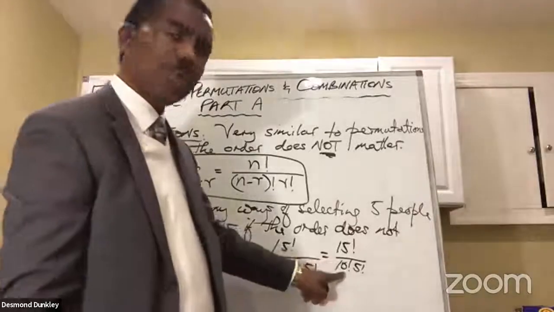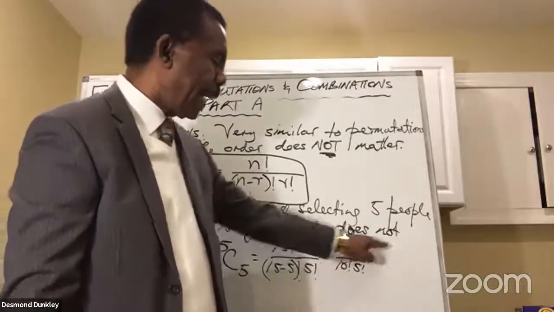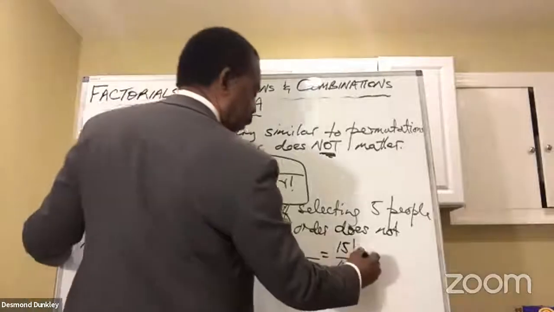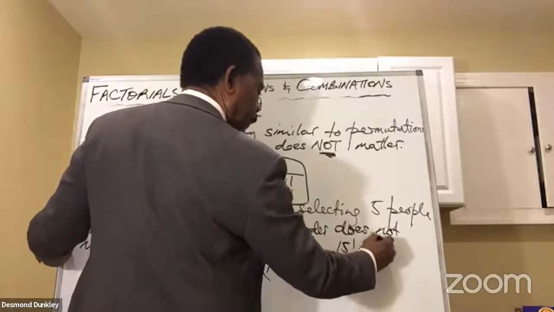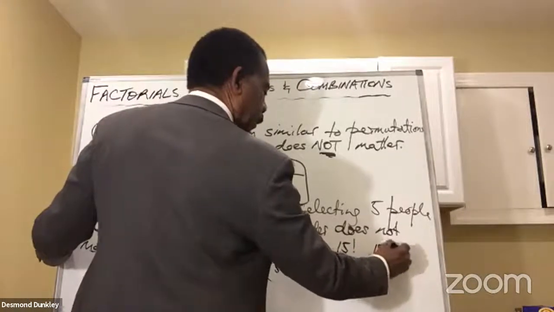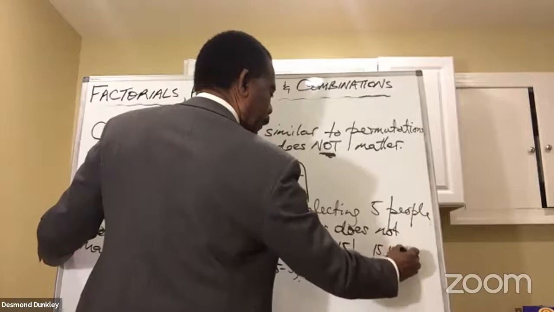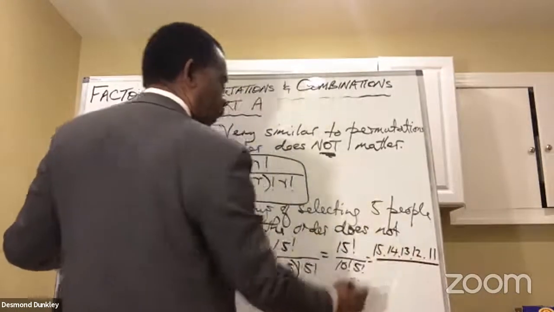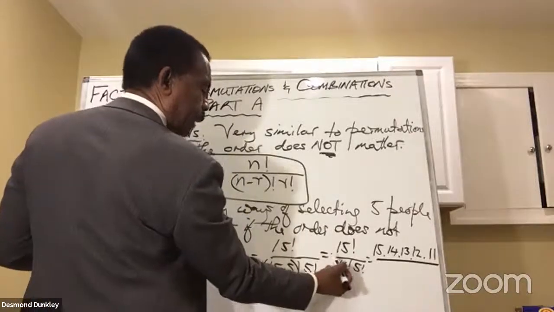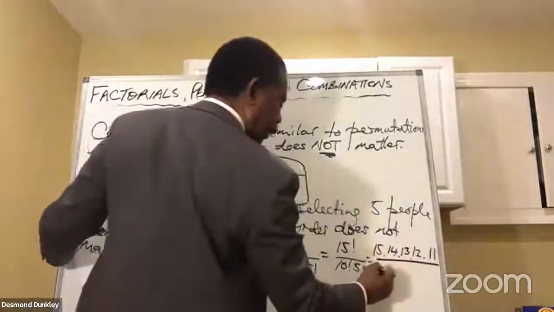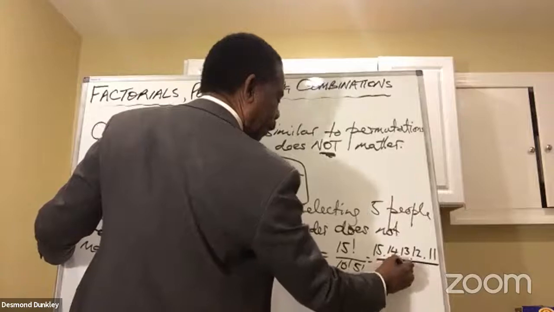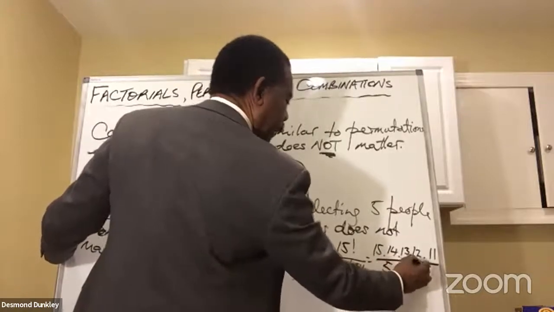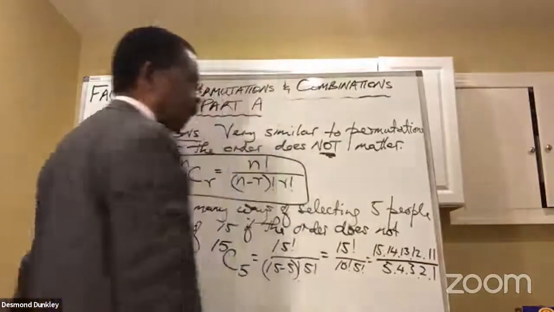So the 10 factorial cancels the last 10. So now we end up with 15 times 14 times 13 times 12 times 11 over 5 factorial, which is 5 times 4 times 3 times 2 times 1.